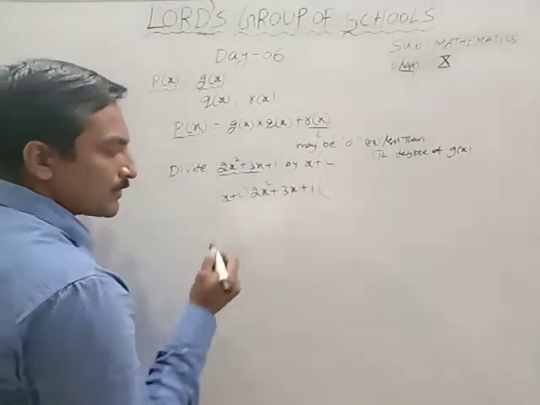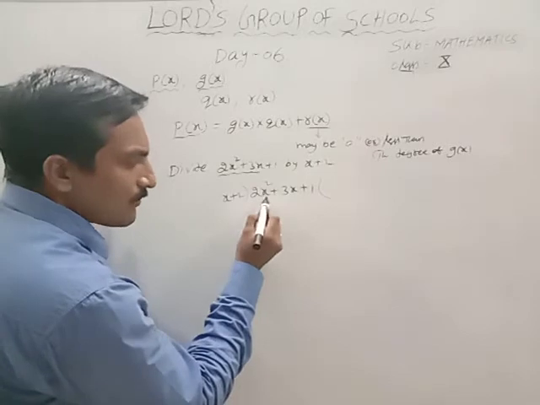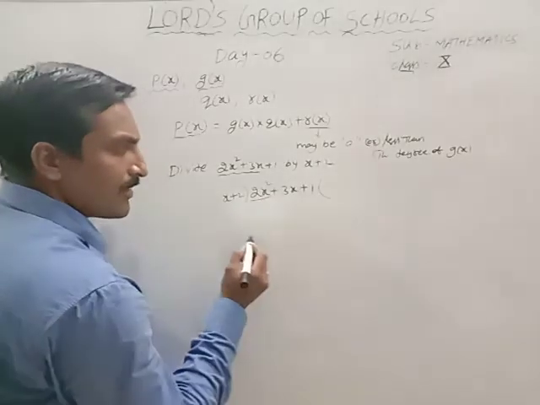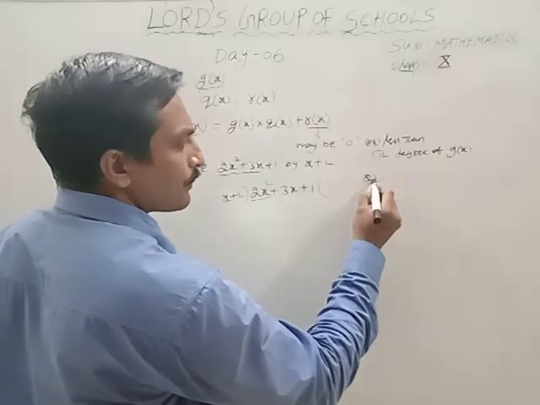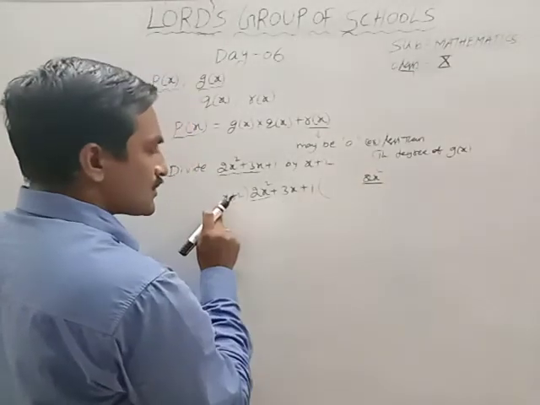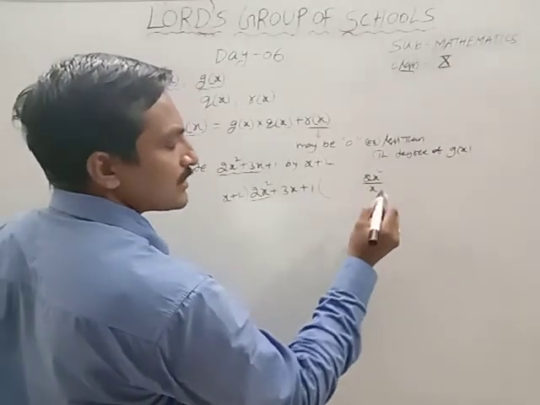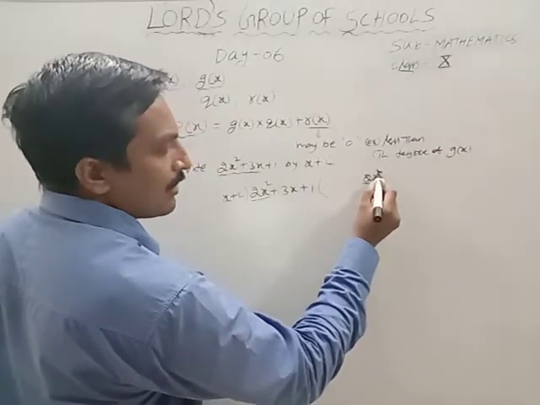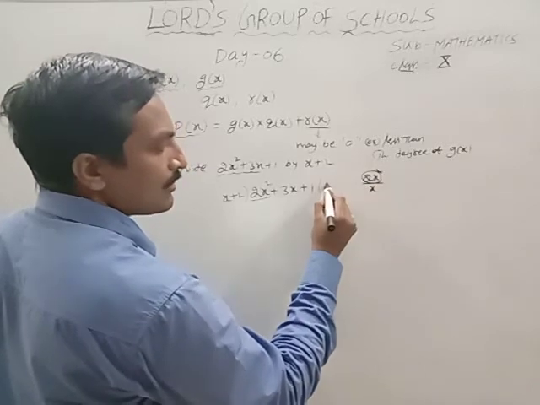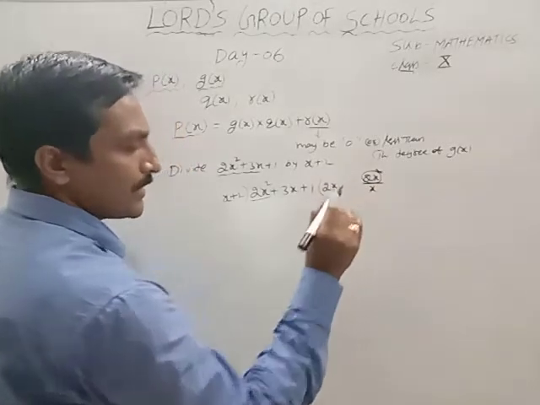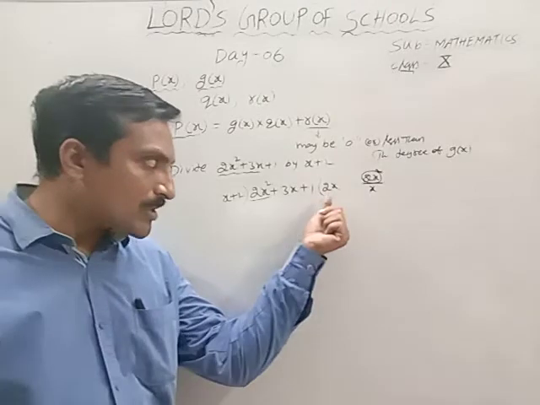Here x plus 2. In the division process, what is the first term of the dividend? 2x square, divided by the first term of the divisor, x. One x will be cancelled. What is left, 2x, is written in the quotient place.